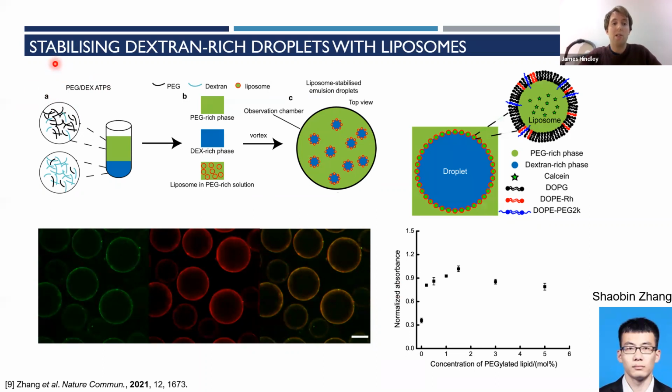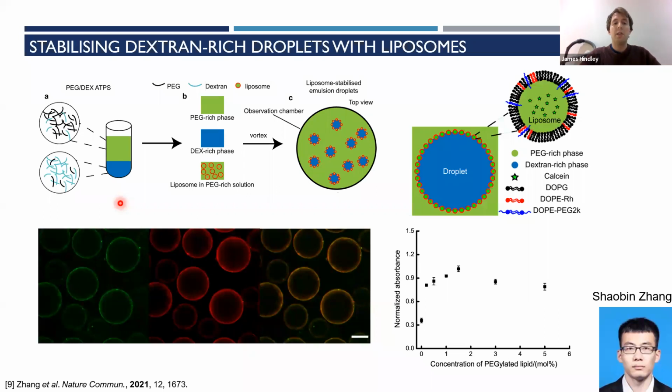If you take PEG and dextran polymers of particular molecular weights and dissolve them in solution, at particular concentrations you get phase separation. This isn't oil and water or anything like that. This is completely water-based.